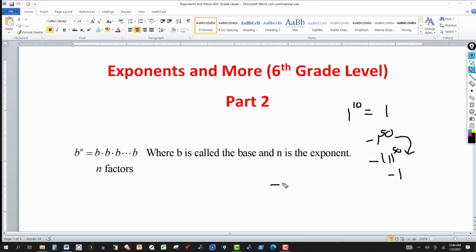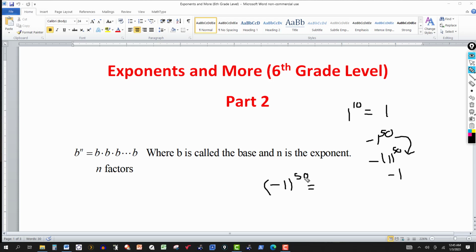But if you have negative 1 in parentheses to the 50th power, that means 50 factors of negative 1. So obviously, it doesn't matter what the factors are. If they're all positive, it doesn't matter what the exponent is, whether it's even or odd, it's going to come out positive. But when you have an odd number of negatives multiplied, the answer is going to be negative.